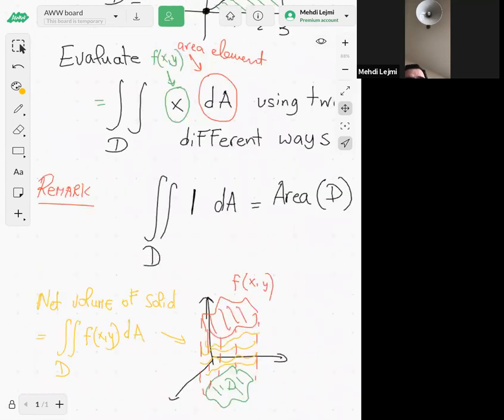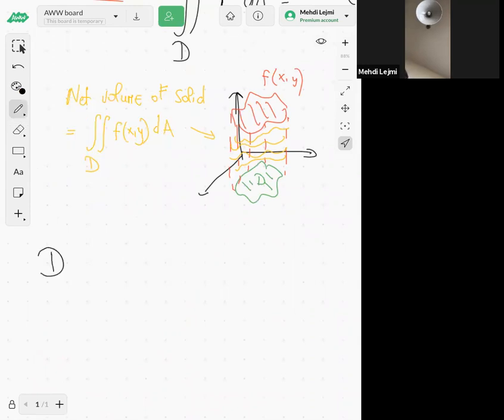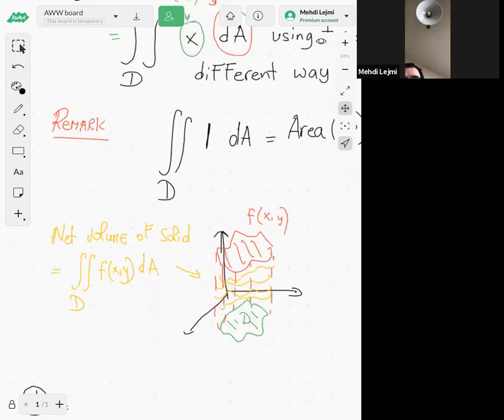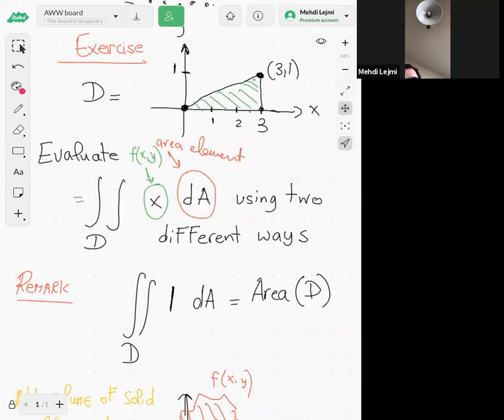If you describe D, here's D. So you can say, for example, if you start with Y, Y is between 0 here and 1 here.